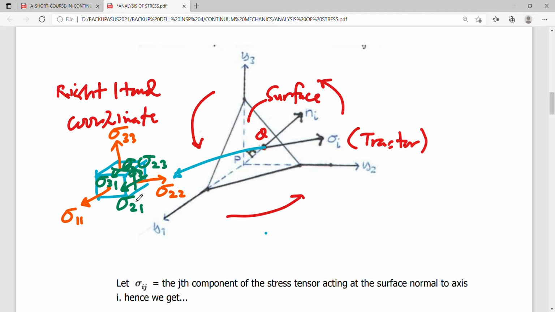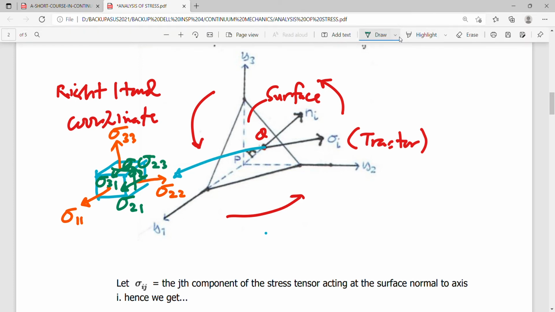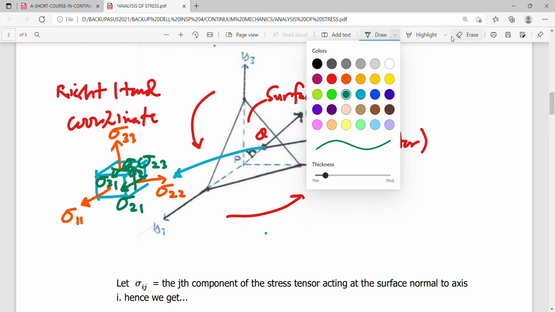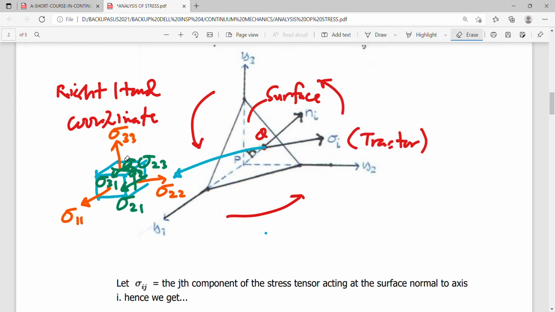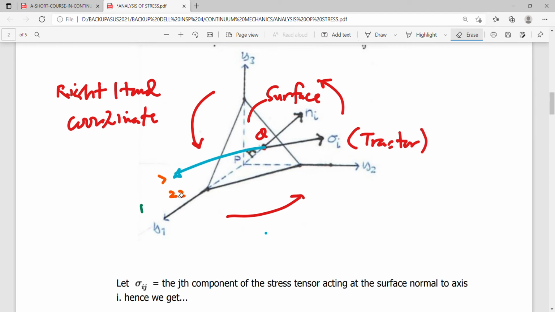Okay, so let's try to make our representation much clearer. Let's draw the cubical element figure.